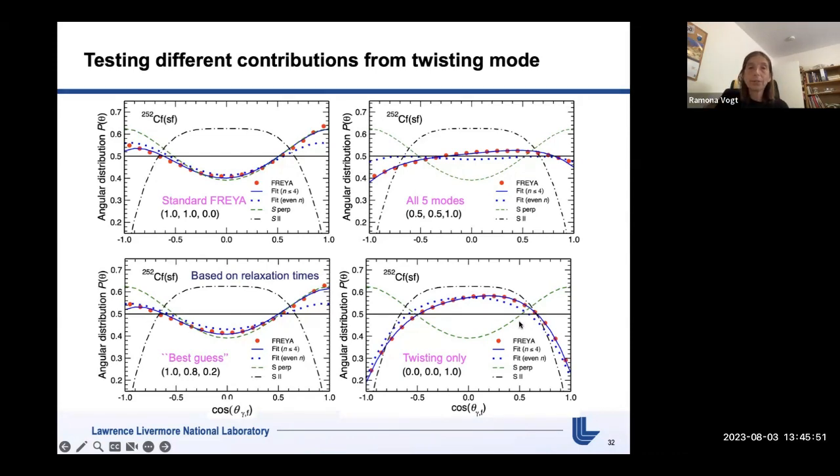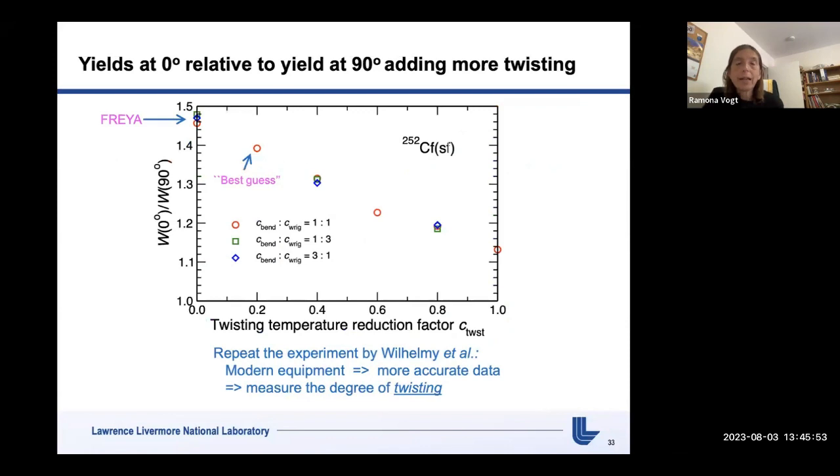So you can look at different ways of including the twisting temperature reduction, this C twist.